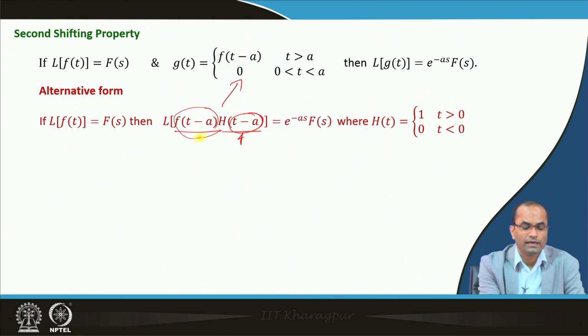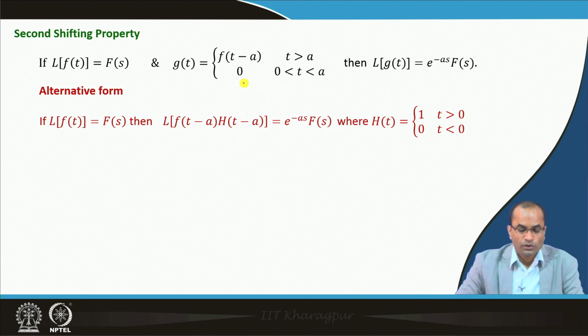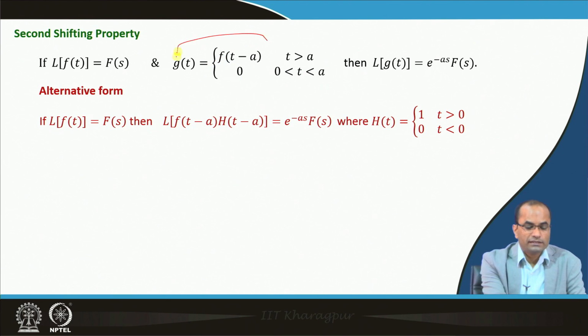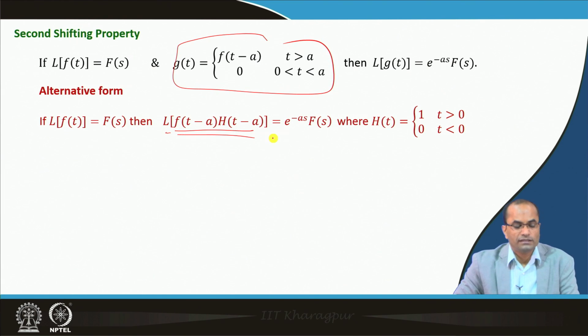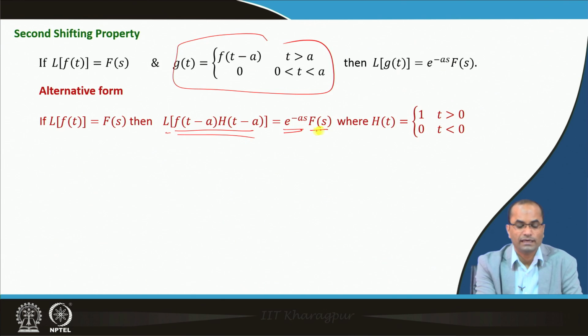So, we have f(t − a), and when t is less than a, this will become 0. So, we can also write this g(t) in this way, and we have e^(−as) and then F(s).